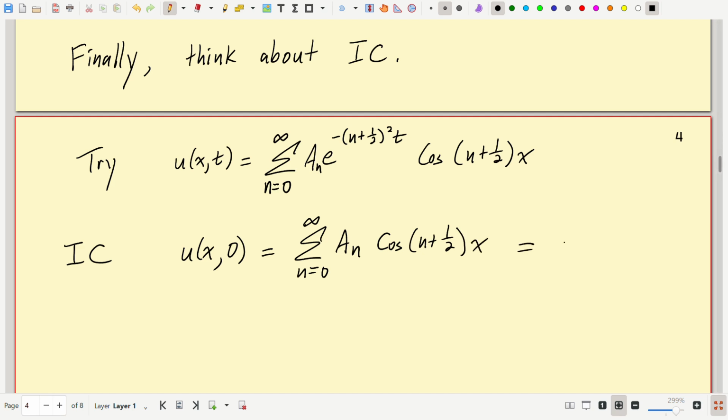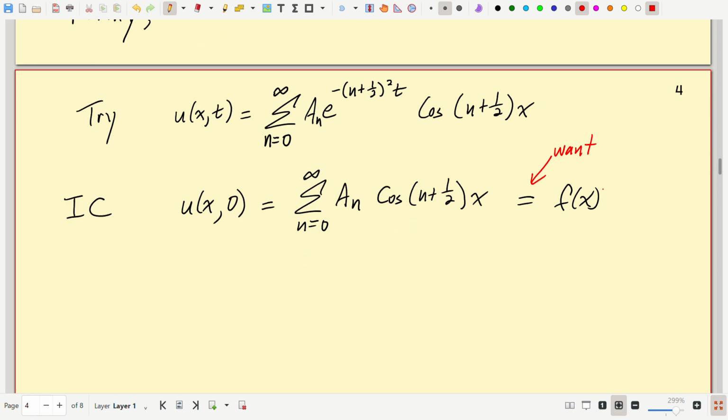And we want that to be a given function, f of x, an initial temperature. Okay, that's a generalized Fourier series, because it's definitely not what we're used to. And this happens very often when you have a Sturm-Liouville problem, that you get some kind of generalized Fourier series.